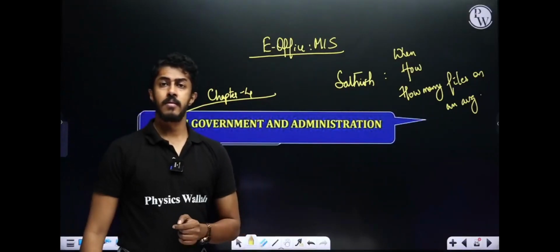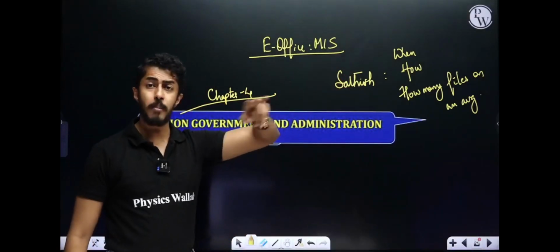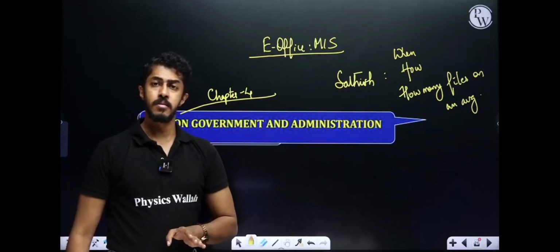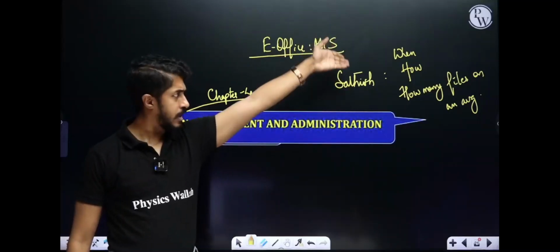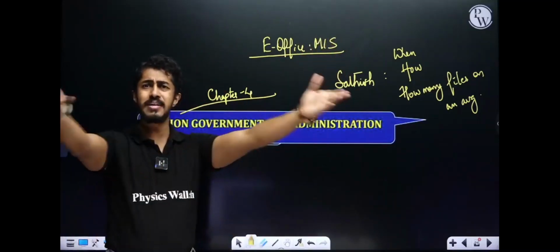MIS. I can easily see how good or bad your performance is, how quickly you take a decision. I can easily see it. Why? No external players.